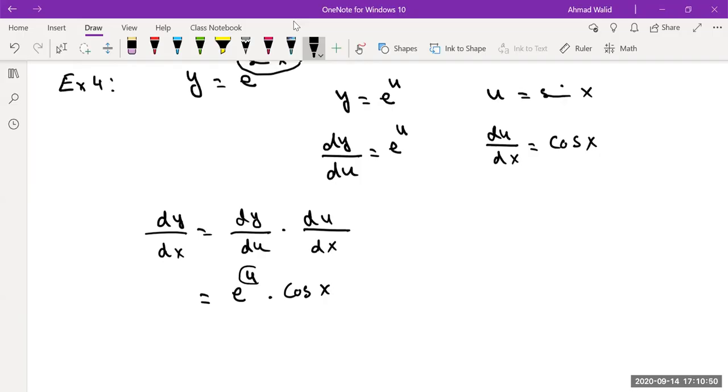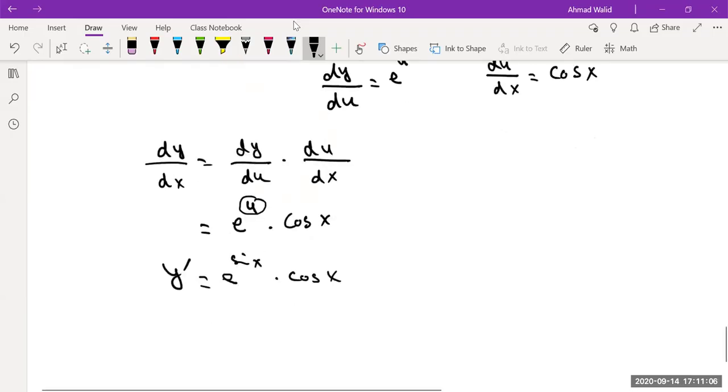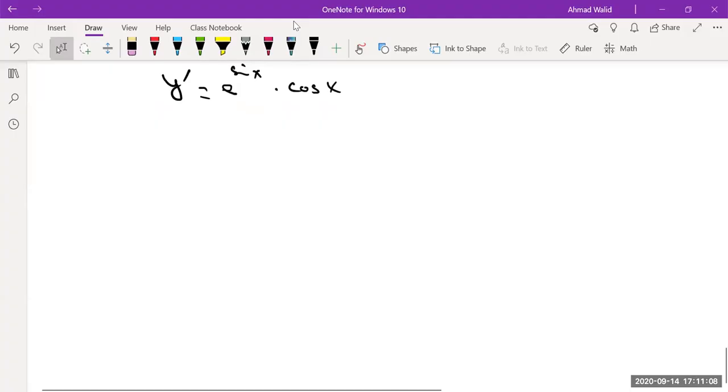Now, only substitute back the value of u here, which is e to the power of sine x times cosine x, final answer. That's your y prime or dy dx. Correct? Let me take a little bit more complicated one. Example 5.